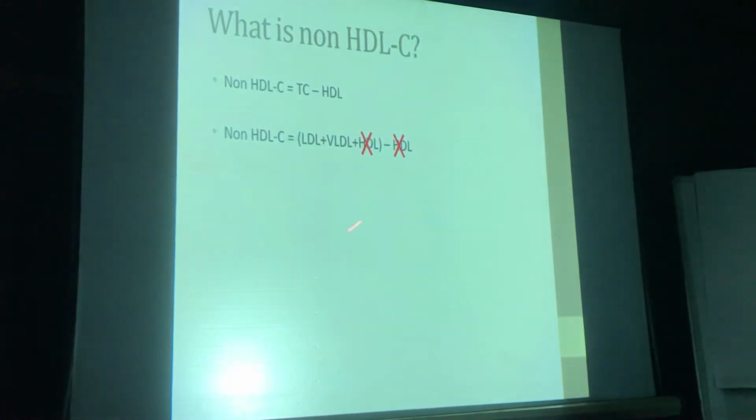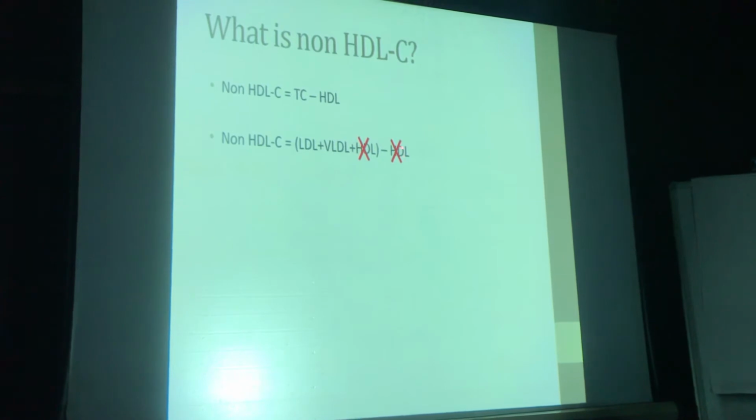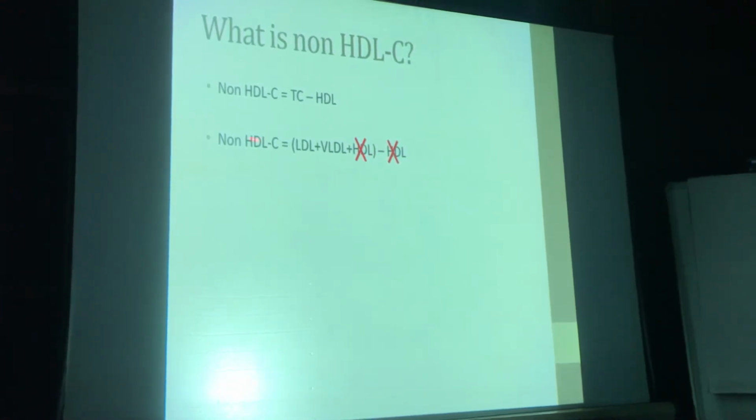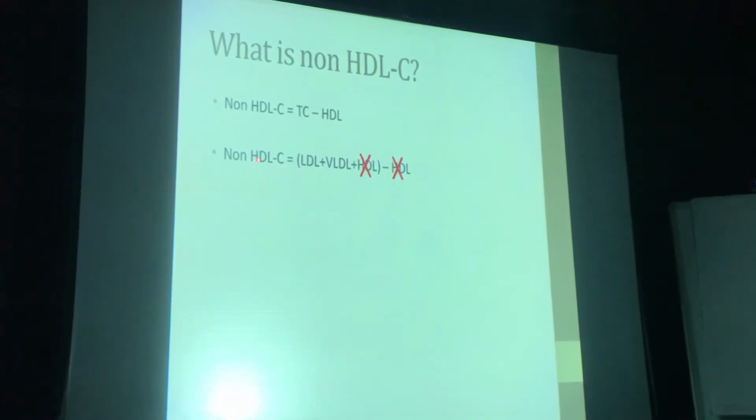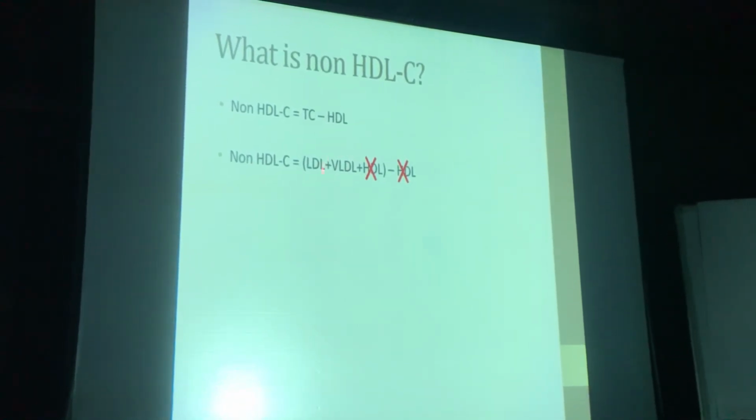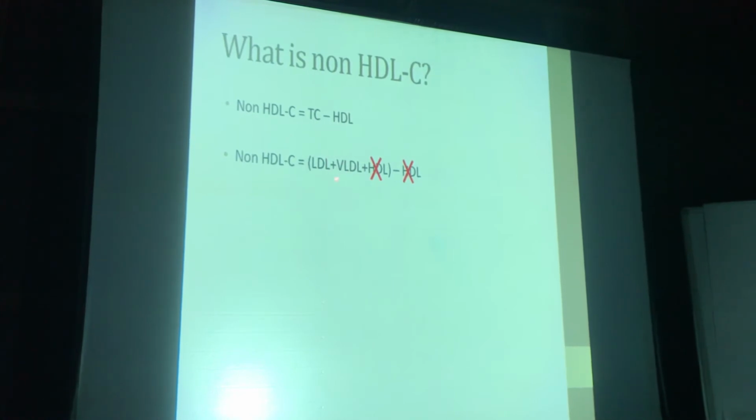And now, a simple mathematical calculation will show that HDL can be excluded from the non-HDL cholesterol, and so LDL is the primary cholesterol and the VLDL is the part contributed by the triglyceride.